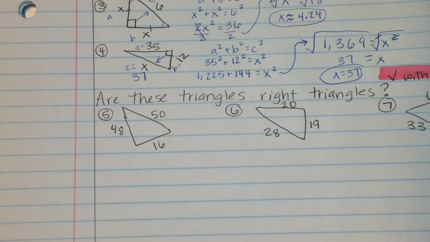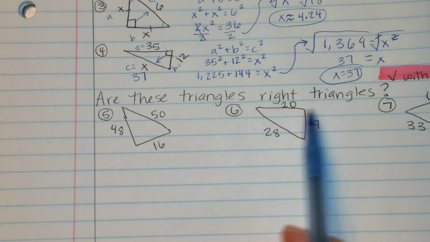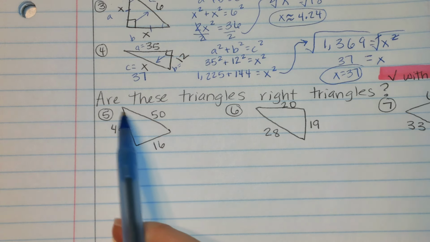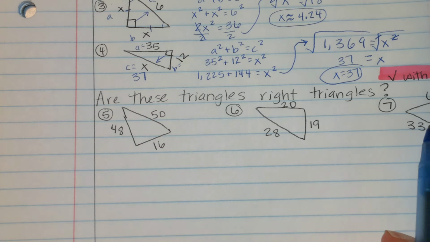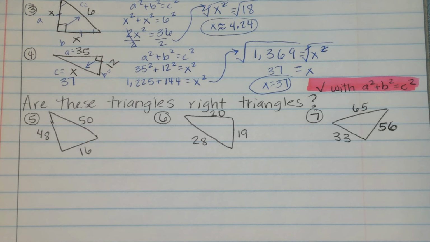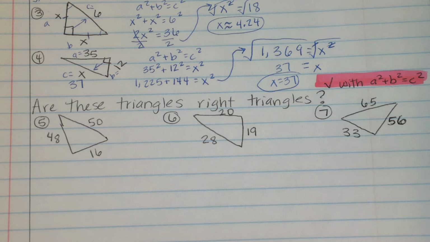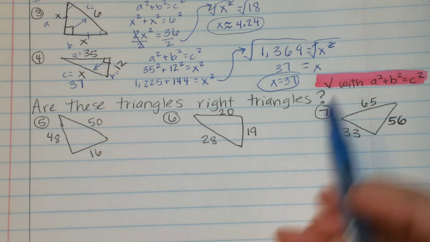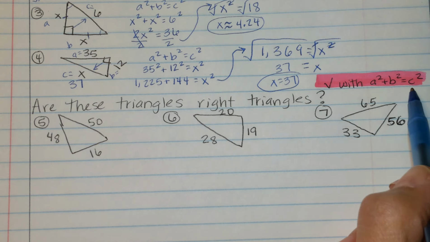So, real quick, we're going to do these last ones. Are these triangles right triangles? Notice that it's not labeled with the right angle on any of them. So we have to check, kind of like I did with those Pythagorean triples, but now some of these are not going to work out. So check with a squared plus b squared equals c squared.